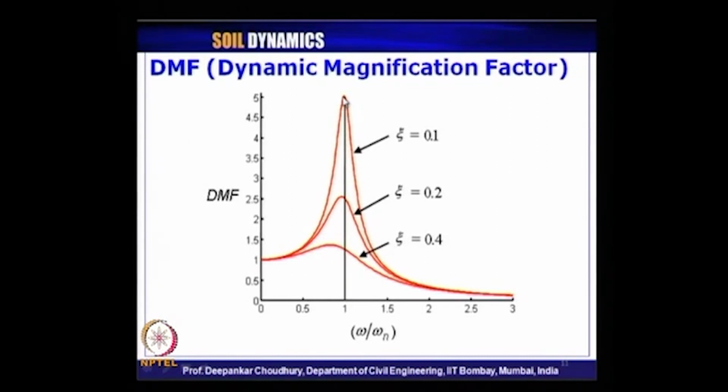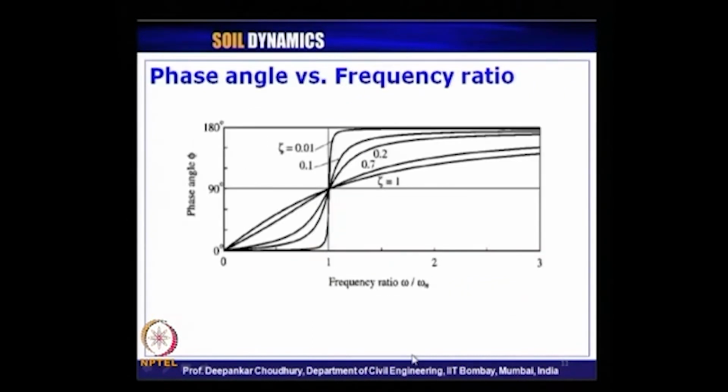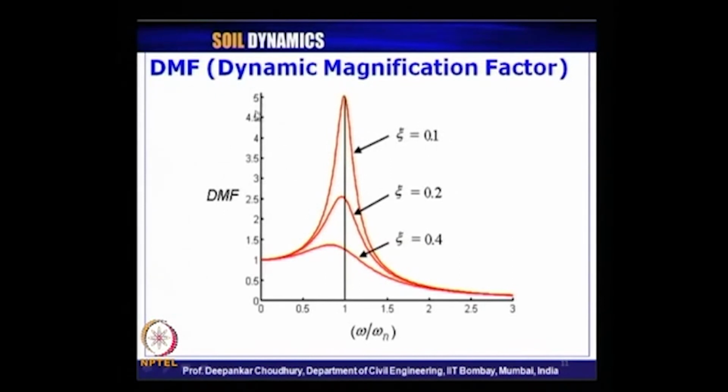The peak is somewhere here, a little before r equals 1, then with an increase in the damping ratio it keeps shifting slowly towards the left side. So, now the peak is here, now the peak is here. With this distribution of dynamic magnification factor, we will stop here and continue the discussion of dynamic magnification factor more elaborately from the next lecture.